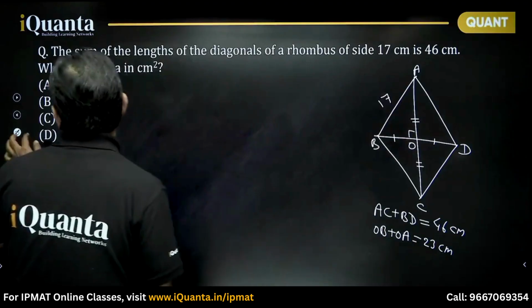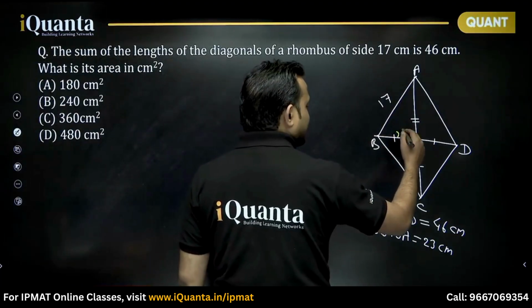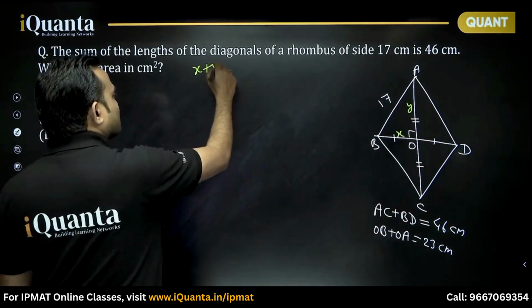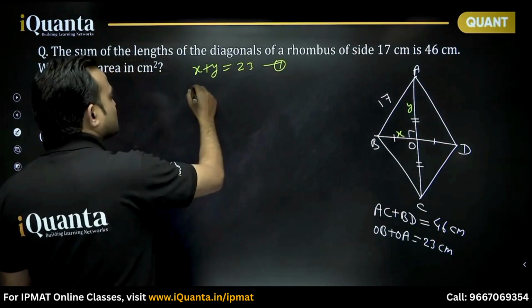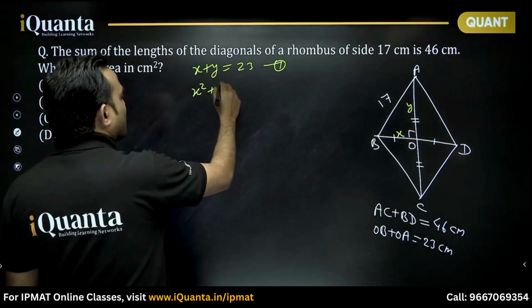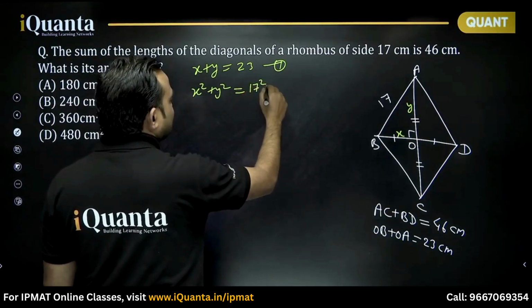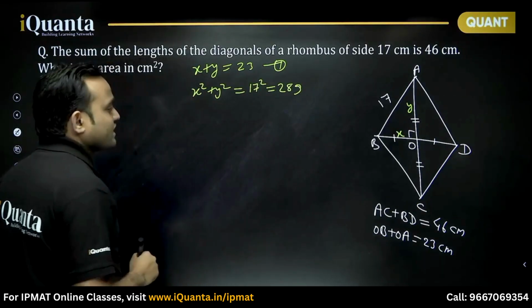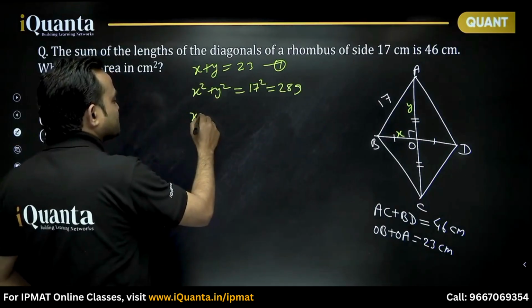But if we use this, let's say that this length is x and this length is y, we can say that x plus y will be equal to 23. Also, x square plus y square is equal to 17 square, which is equal to 289. Now, we know x plus y, can we find x minus y?